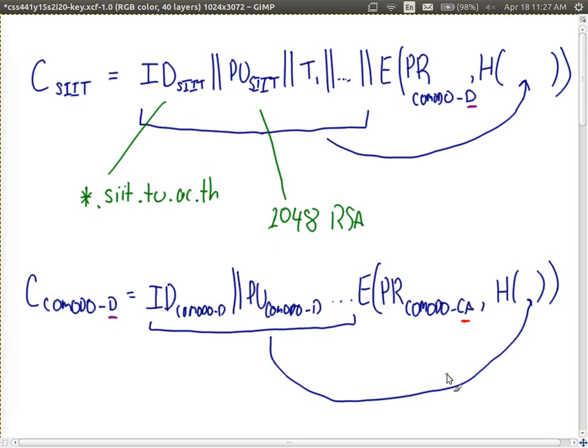How do I know that that second certificate, the Komodo D, is trustworthy? Do you trust the second one? When we say trust, we mean it must be able to verify it. If the second certificate was encrypted with the private key of Komodo CA, to verify we need the public key of Komodo CA.